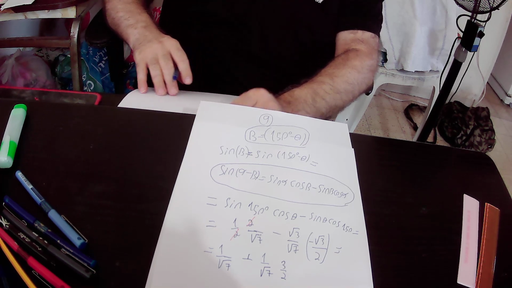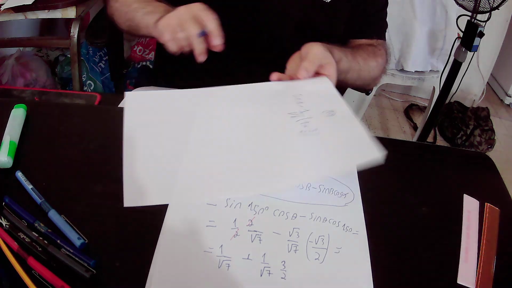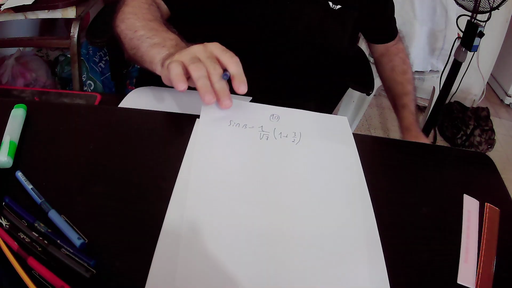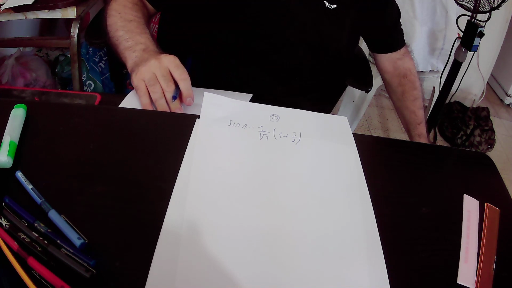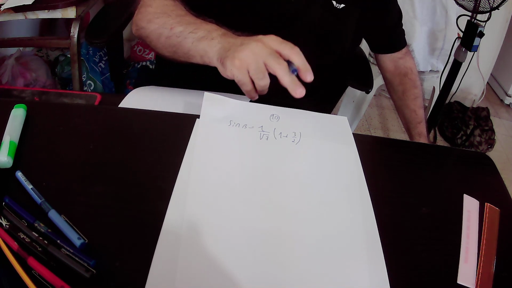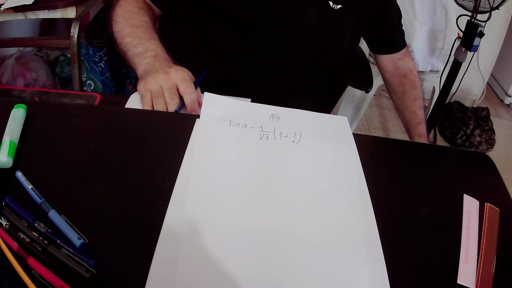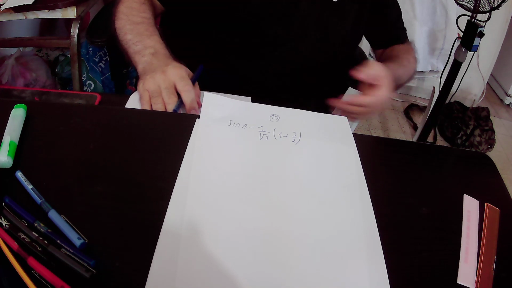Okay, so in total we got that sine beta equals 1 over root of 7. 1 plus 3 over 2 is 2 and a half, or 5 over 2. So I write it down.